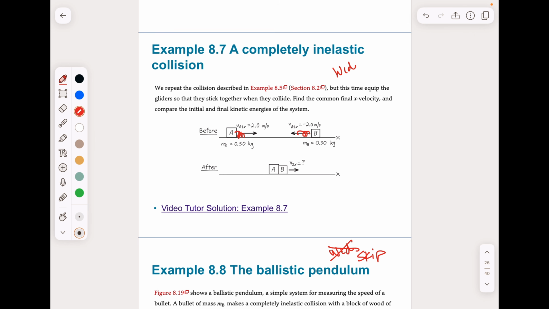But in this example, which I think we're going to do coming up, the Velcro is put on them essentially so that they stick together when they collide. So we're going to find the velocity of the group, the AB group, after they collide by applying the conservation of momentum.